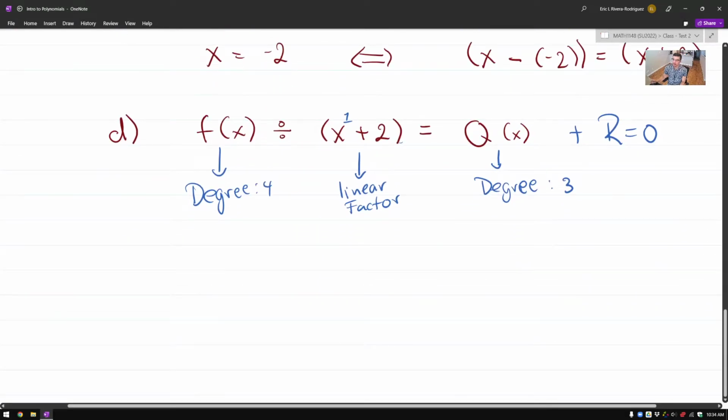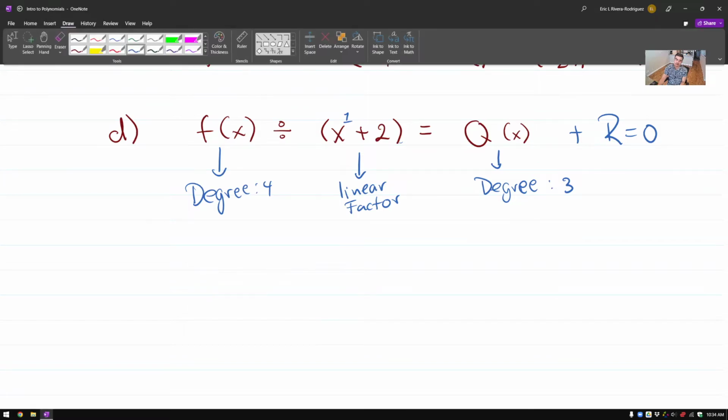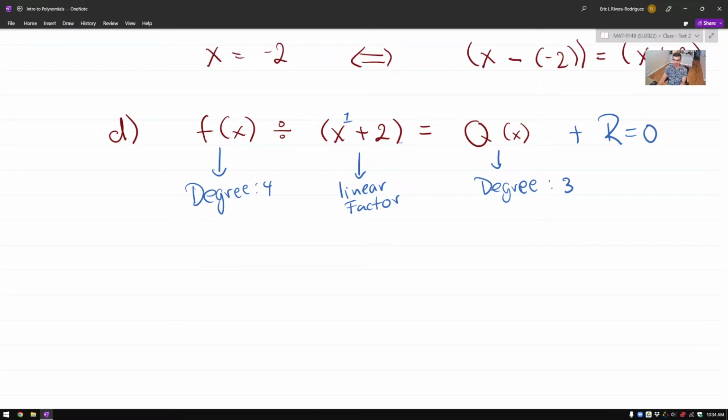Alright, so because we are dividing the polynomial by a linear factor, whenever we are doing division of polynomials, we can do long division. But since we are dividing the polynomial by a linear factor, we can do synthetic division.